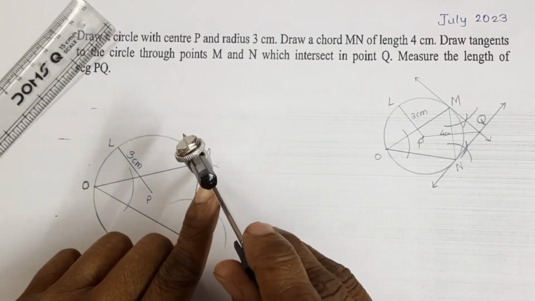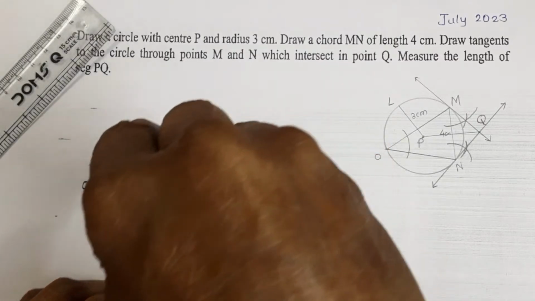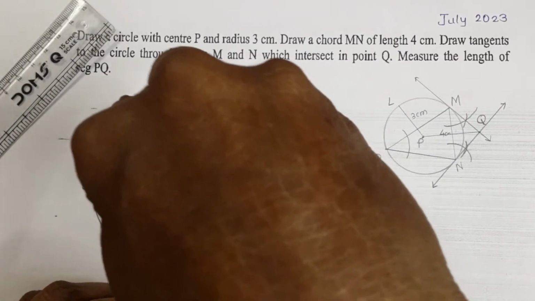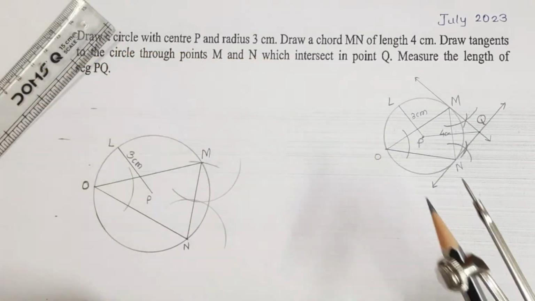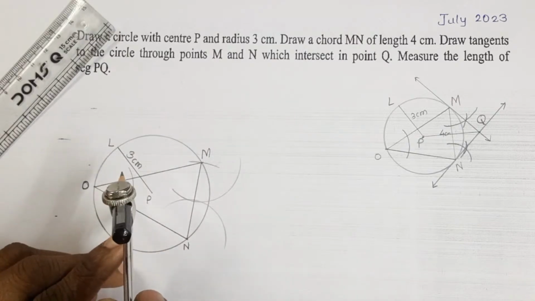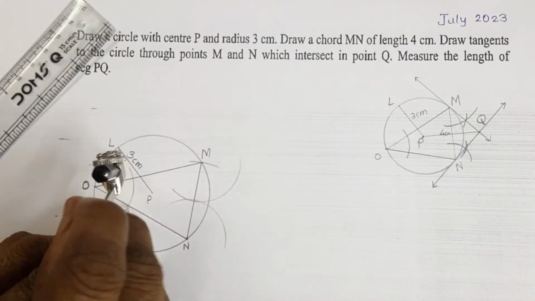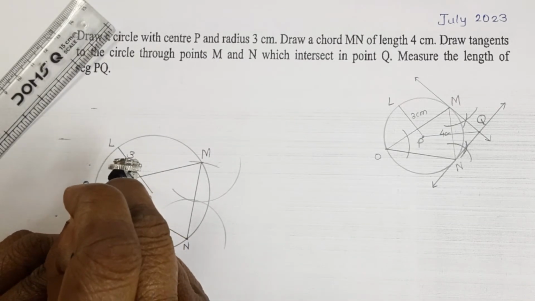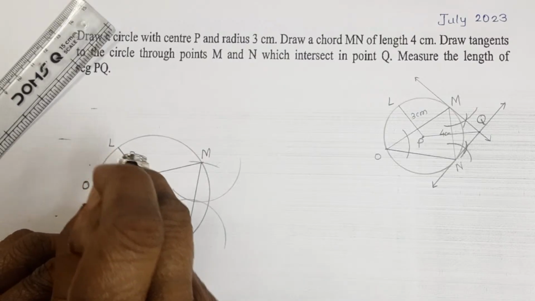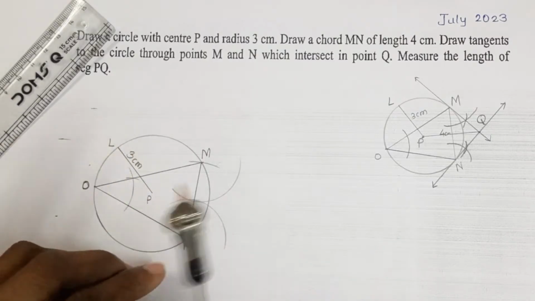Here also from M, intersecting the arc, students. Then take the distance between these.